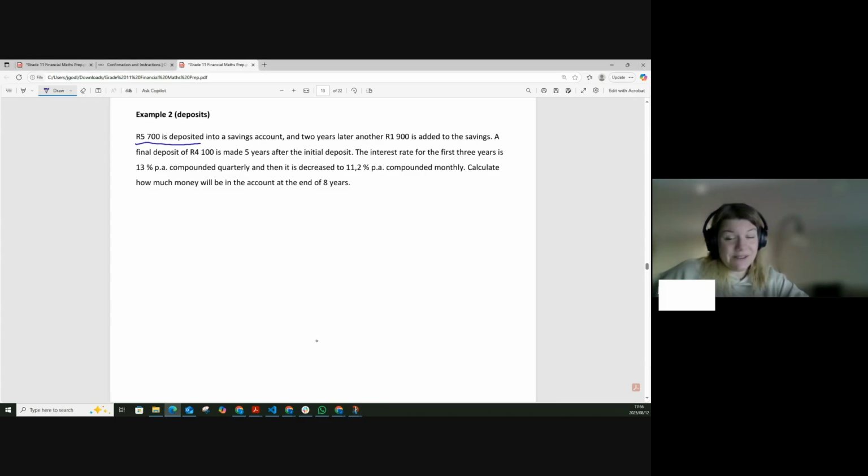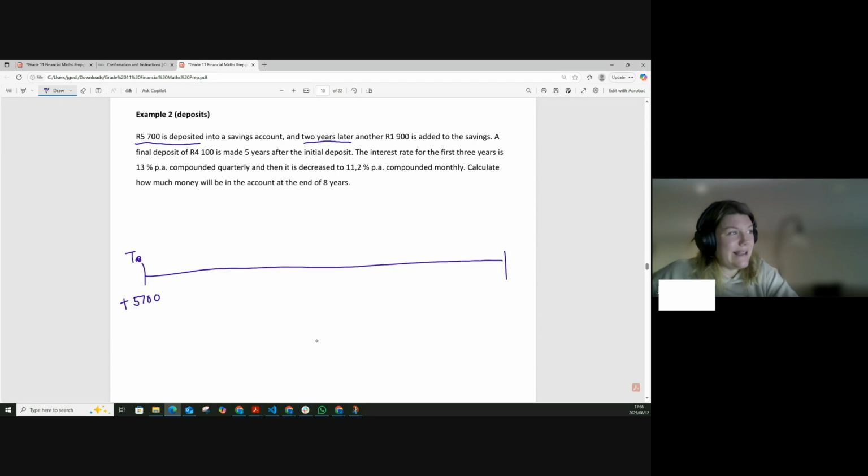5,700 Rand is deposited into a savings account. So at time 0, we deposited, so I'm going to put plus for deposit, 5,700 Rand. 2 years later, another 1,900 Rand was added. So now we're at T2, and I'm adding another 1,900 Rand.